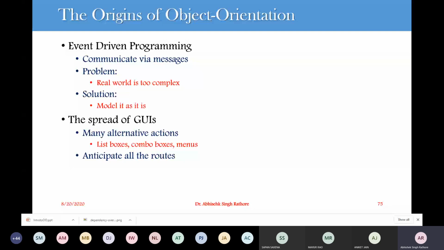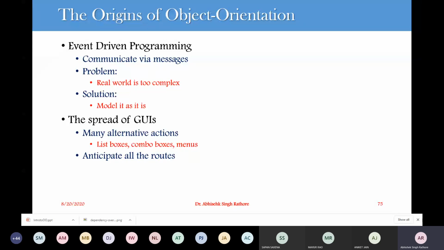These GUIs are presented on the computer screen and offer many alternative actions all at once. All these actions are carried out by just one or two mouse clicks. For example, we can reach other options by one or two mouse clicks using a combo box, list box, drop-down boxes or menus and so on. So we have different options available.